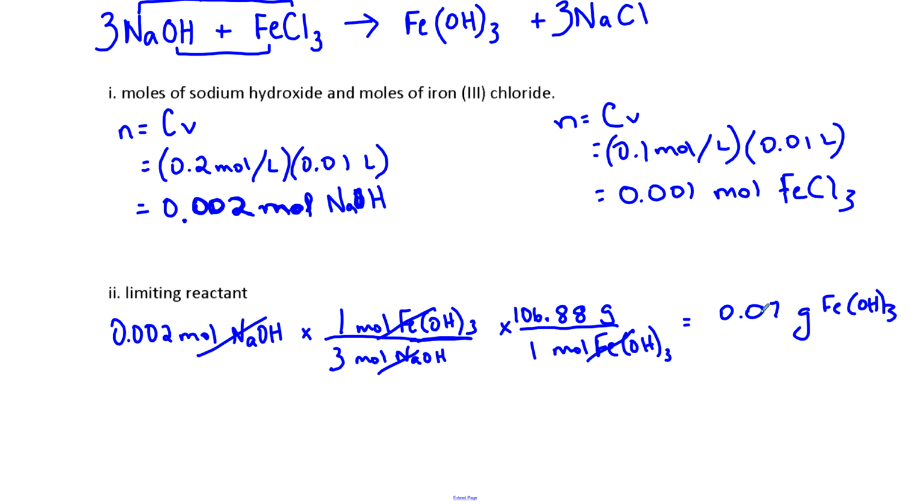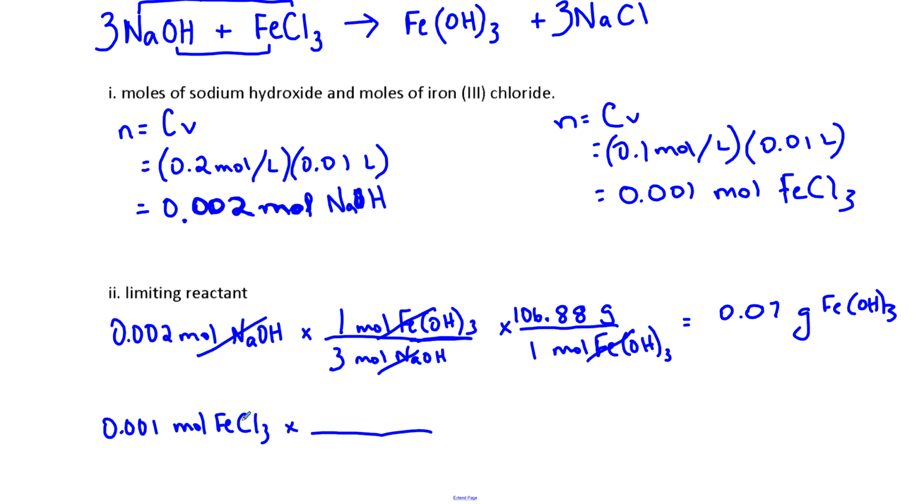Okay, so this is not meaningful yet until we work our way through the second reactant. So I now need to do the exact same thing with the 0.001 moles of iron 3 chloride. And I'm, in the end, going to compare the two amounts.